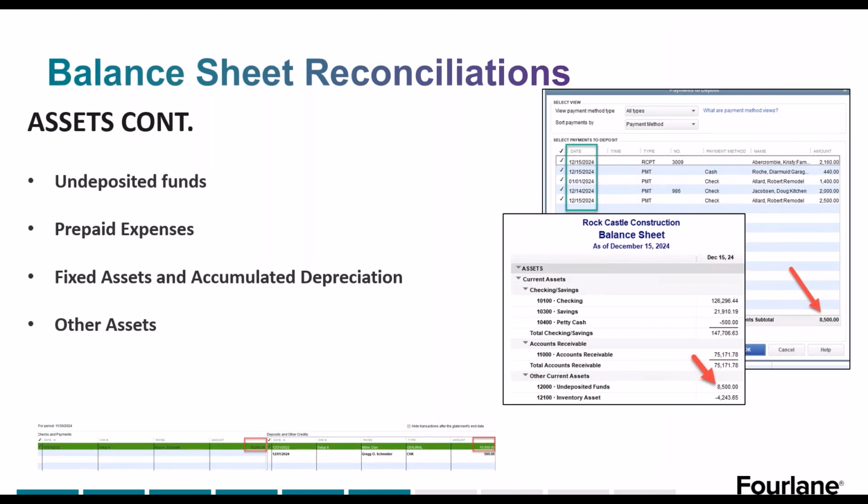The next one I want to talk about is undeposited funds. This is another very important account that people tend to miss. Just for understanding, in case you don't know, undeposited funds is an account used in QuickBooks to hold payments that have been received but have not yet been identified as deposited directly into the bank account. This is very useful when you're doing batched payments.